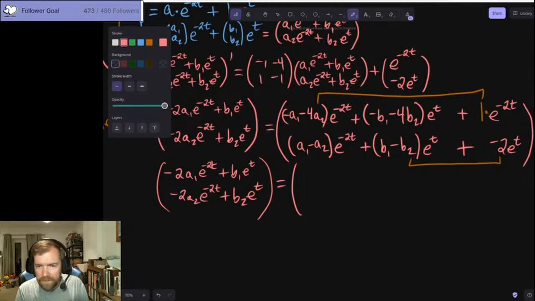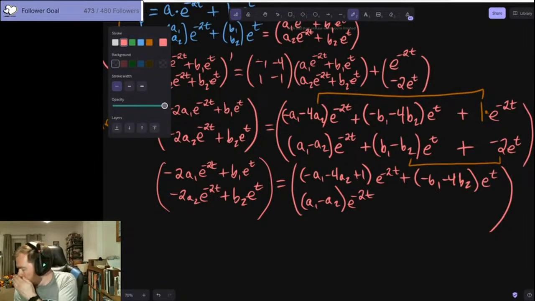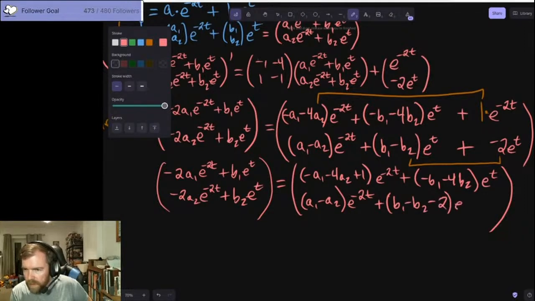So this is (negative A1 minus 4A2 plus 1) e to the negative 2t plus (negative B1 minus 4A2) and (A1 minus A2) e to the negative 2t plus (B1 minus B2 minus 2) e to the t.